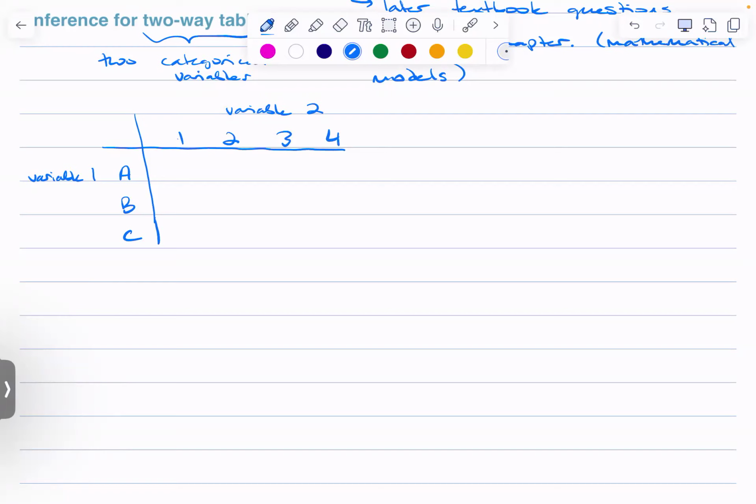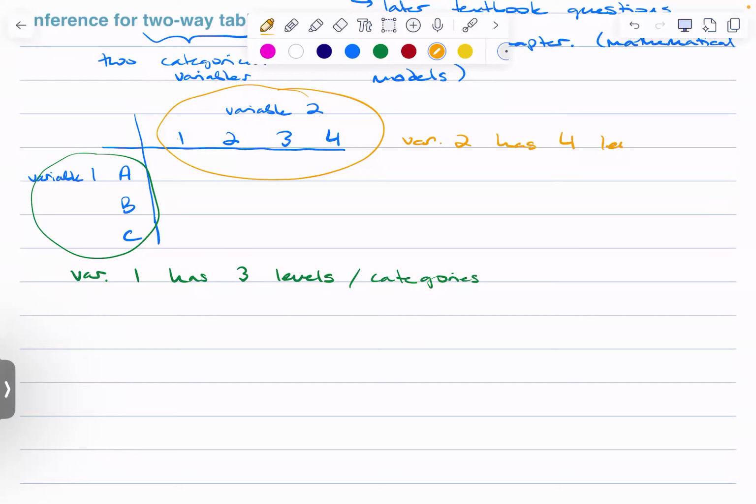Here we see that variable 1 has 3 levels, we've been calling them levels, or categories. And variable 2 has 4 levels or categories. We've made tables like this, and so you can make a pivot table.